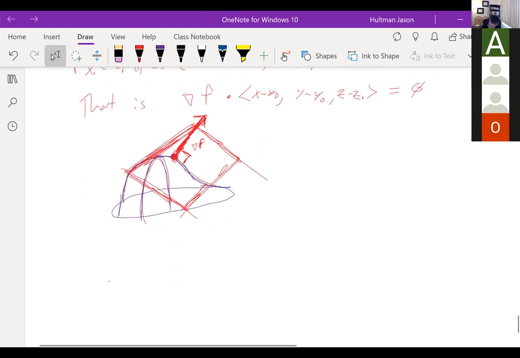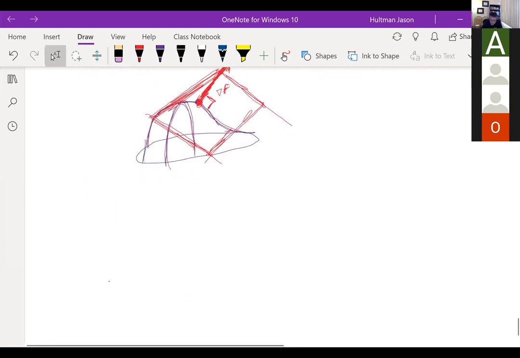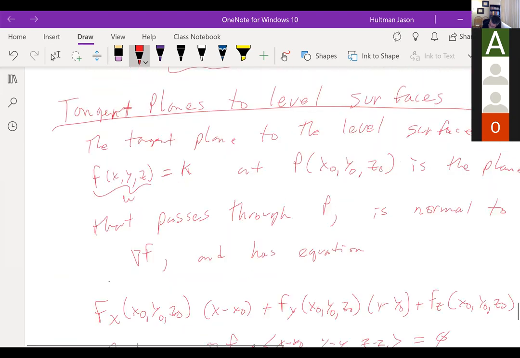Okay, let's do an example here. This will be our last example for the day. Is this number 4? I kind of lost count somewhere along the way.